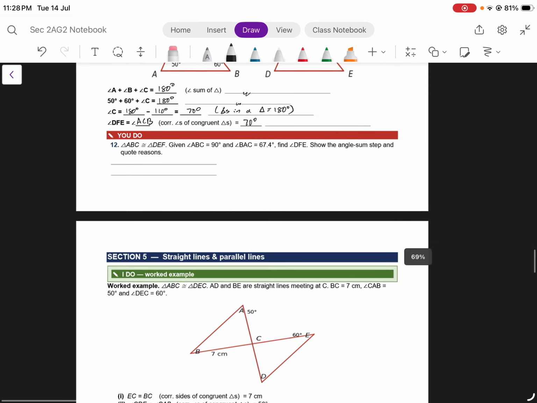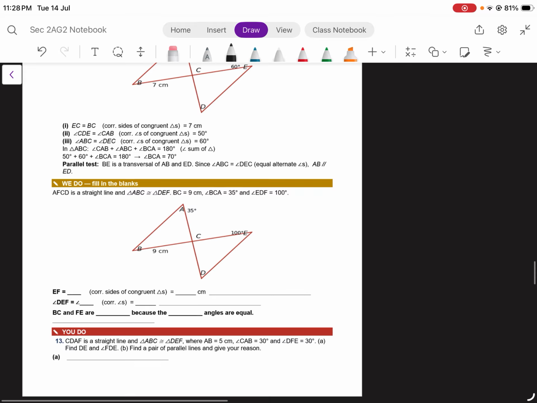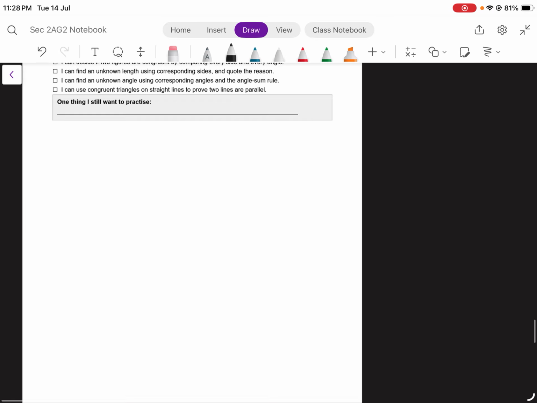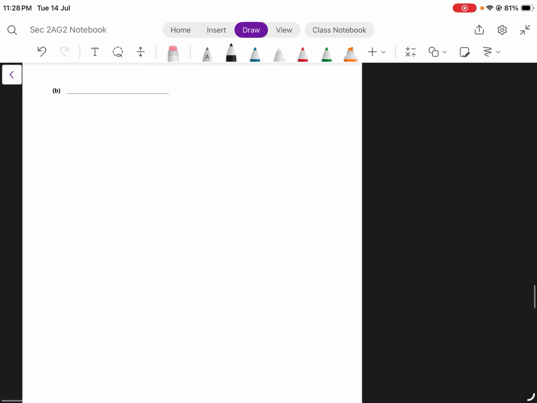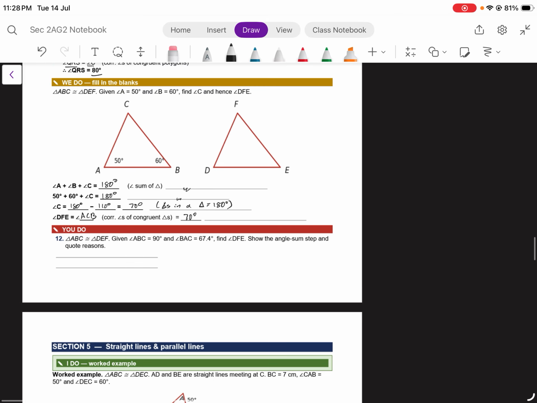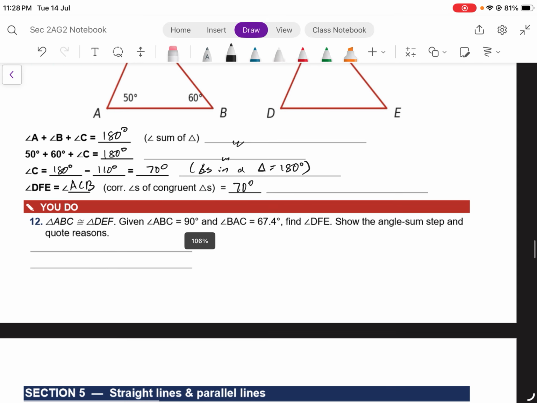Okay, so we reach almost the last part. Right, then we're done. Okay, so triangle ABC equals DEF, given that angle ABC equals 90, angle BAC equals 67.4. Give reasons.